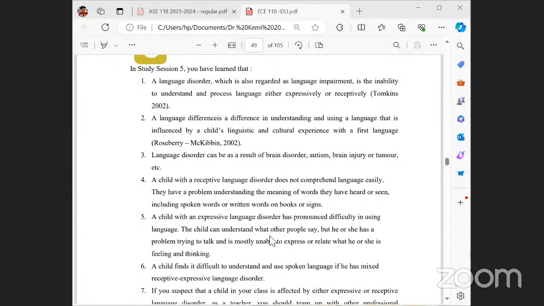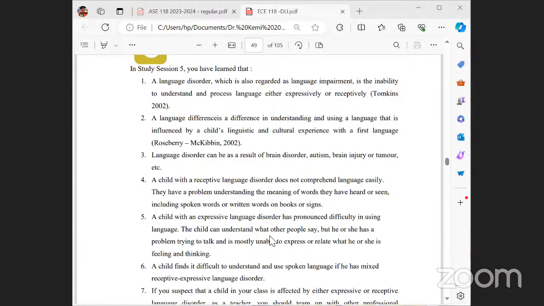So at this junction, I want to ask questions from those of you who have had experiences with children with language disorder. What is the experience like? What were you able to do? Were you able to help that child?